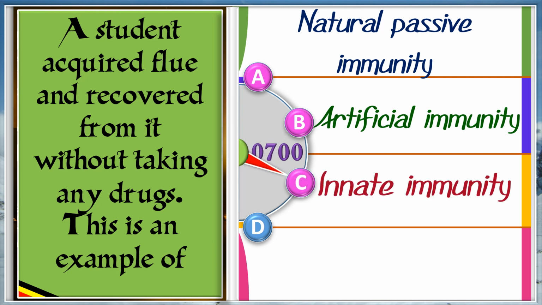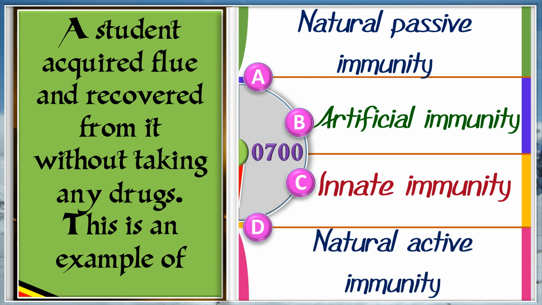C. Innate immunity. D. Natural active immunity. And the answer is D. Natural active immunity.